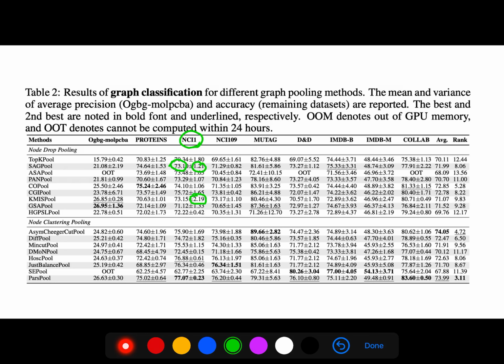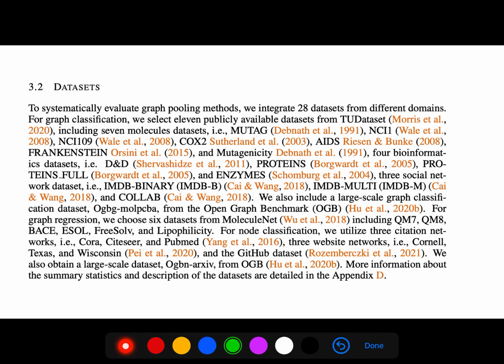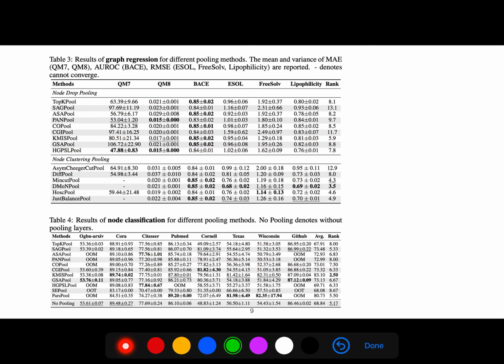It means it's very noisy. Even if you shuffle it, you get something else. So it shouldn't be too much. For example, this is good. The standard deviation is small, and it has a decent number. So you can also use it for graph regression and node classification.